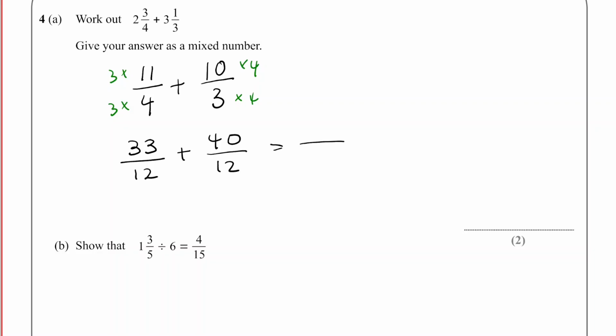Add them together, we get 73/12. We want a mixed number. So how many 12s go into 72? 12 times 6 is 72. So that's 6 whole ones and 1/12.